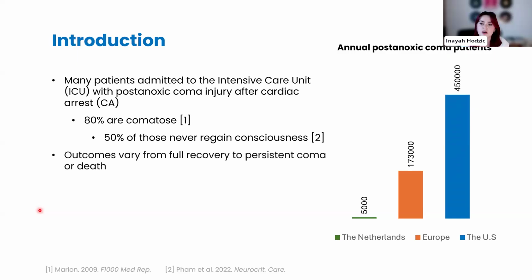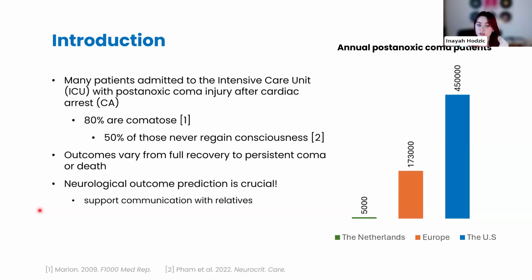And the outcomes of this neurological condition vary very widely. So it can vary from complete full neurological recovery, to persistent coma or even death in some cases. And as such, doing neurological outcome prediction, having some sort of expectation of the recovery trajectory of a patient, is therefore very crucial for multiple reasons.